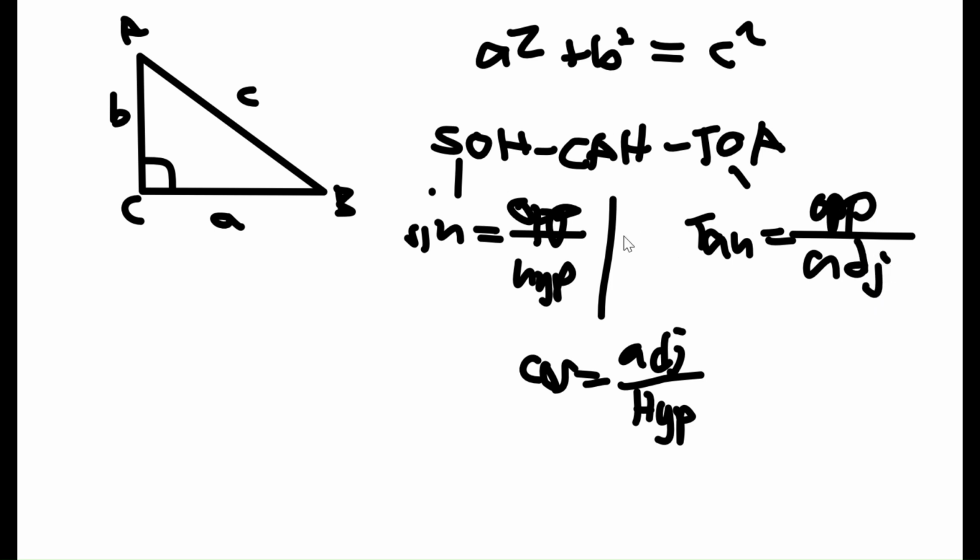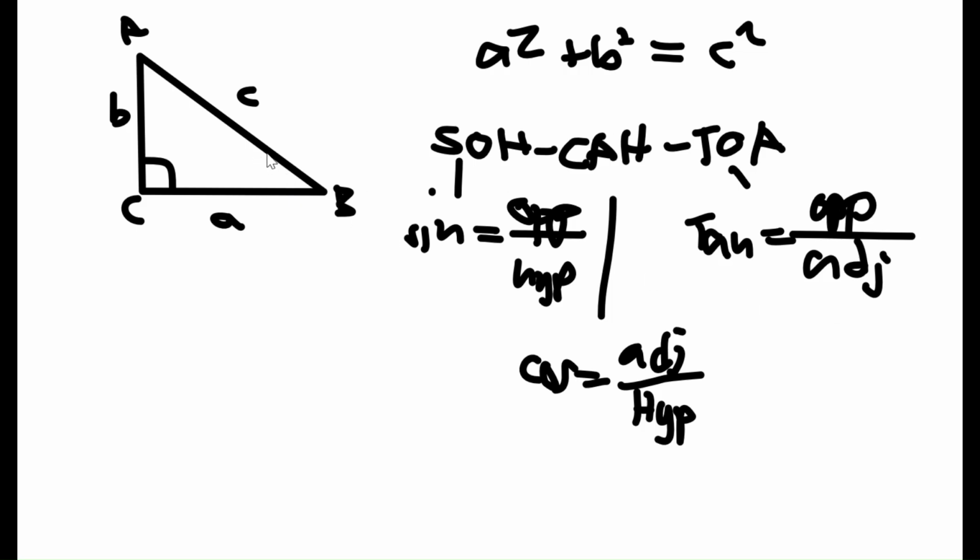So, which one is the opposite, the adjacent, and the hypotenuse? Again, when you have a right triangle, the hypotenuse is always the side opposite to the right angle, or the 90 degrees. While for the opposite and adjacent, it depends on where your angle is.